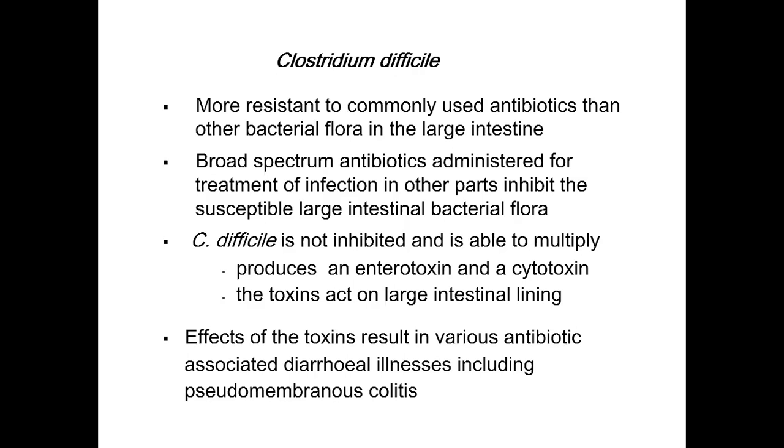And these toxins act on the large intestinal lining and exert their activity. As a result, there are many types of illnesses described as antibiotic-associated diarrheal illnesses. There are many names given in infants and others, but one of them is called pseudomembranous colitis.